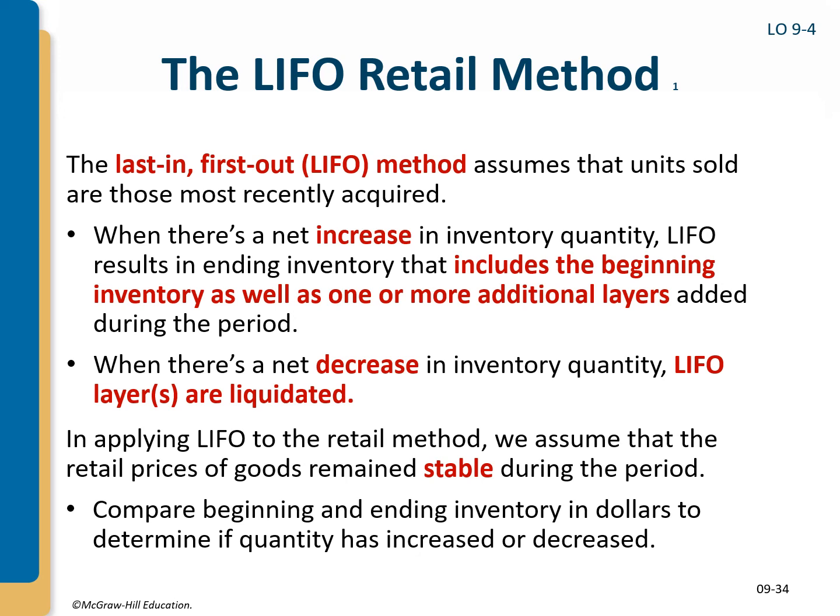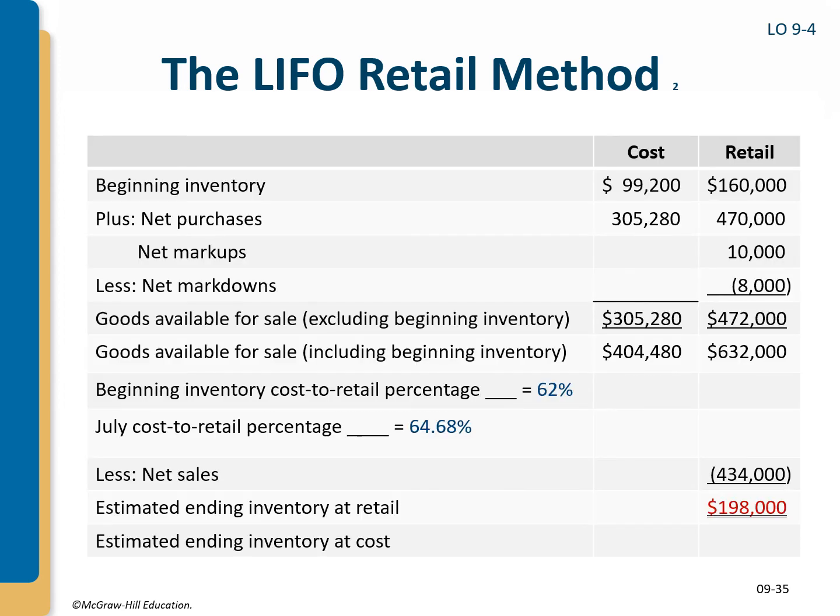Ouch. So in applying LIFO to the retail method, we assume that the retail prices of goods remain stable during the period. We compare beginning and ending inventory in dollars to determine if quantity has increased or decreased. Let's take a look. So here's what we do.